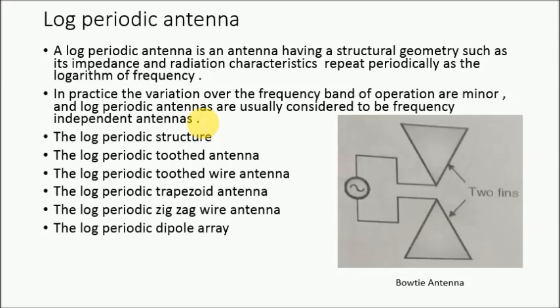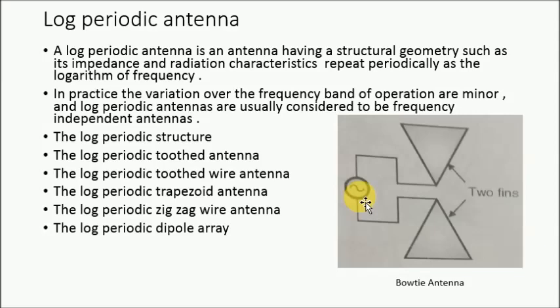Then we could utilize it by changing some geometries, and to understand the log periodic antenna we have to see the bow tie antenna. The antenna we have here is the bifin antenna, so called because of the two fins, and the structure of the antenna is shown here, with the feeding line and the source.